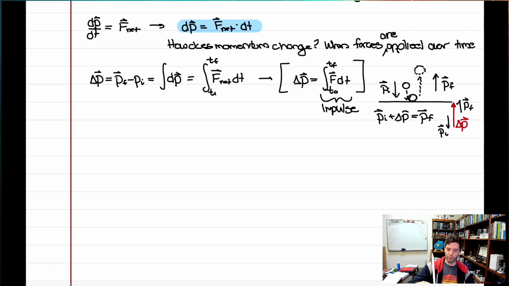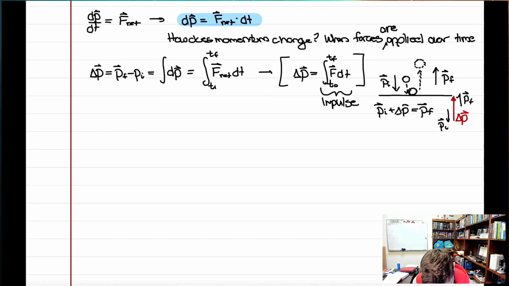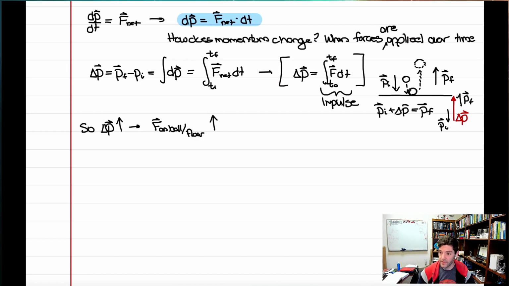I'm not even worrying so much about what the magnitudes are in these cases. So in this case of the colliding ball, delta P points upward, but since that's equal to the integral of the vector F over time, that implies that the force on the ball from the floor is also pointing upward, and it might be quite large. Again, it also depends on how long the ball is in contact with the floor.